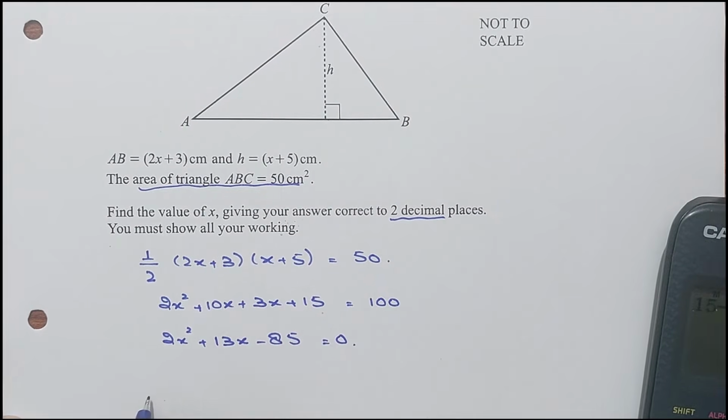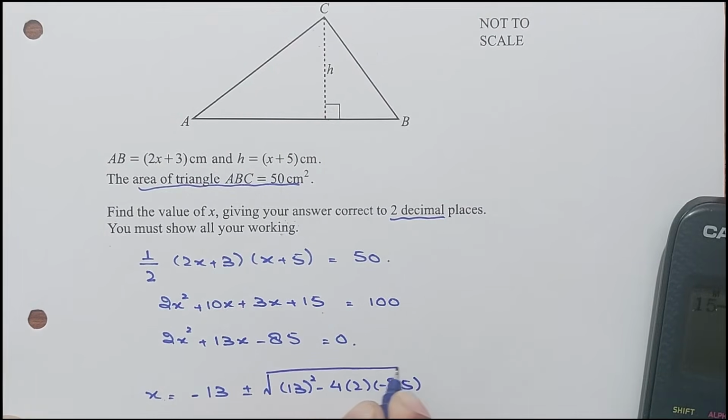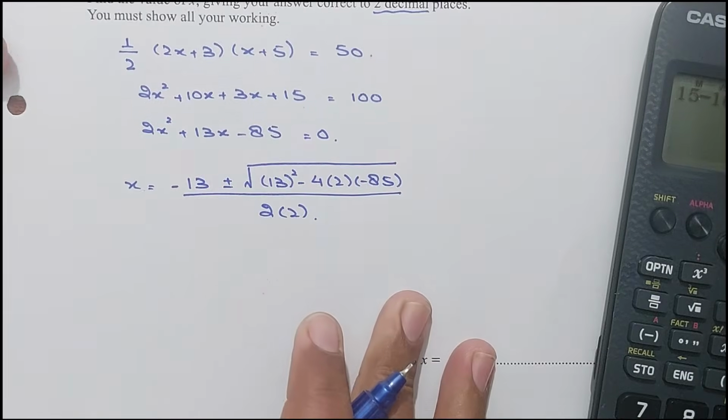Okay, let me apply the quadratic formula here. So x would be equal to negative b plus minus square root of b square minus 4ac, divided by 2 times the a value. Right.